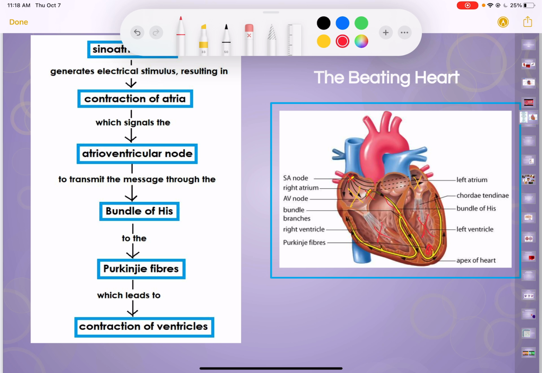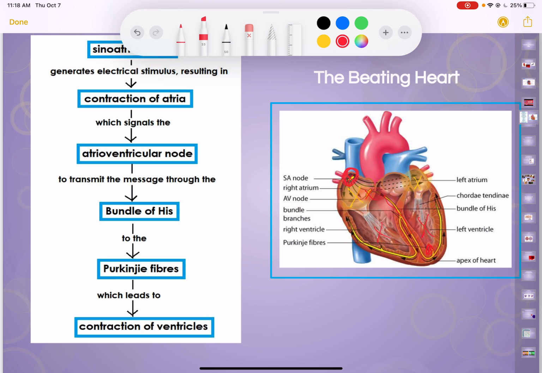So the original part that's going to stimulate the heart is right here. Once that stimulates the heart, the atriums contract. So these parts, they contract. And then they send a message to this guy, which is the AV node. The AV node sends a message all the way down to here.